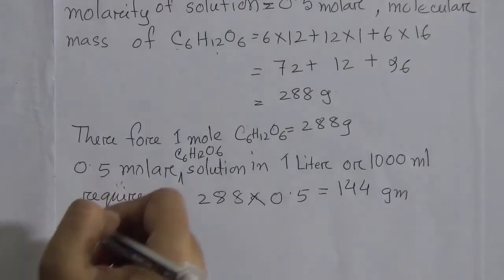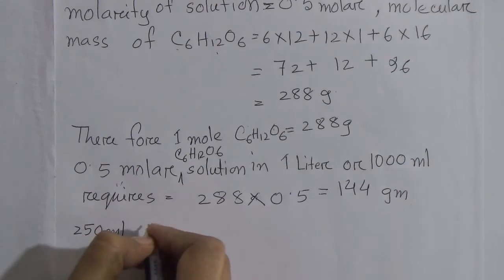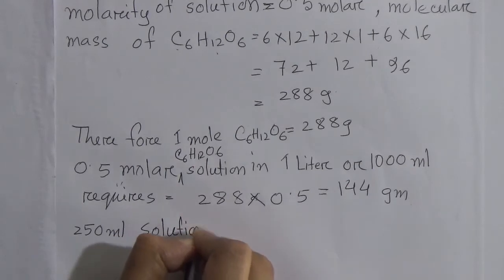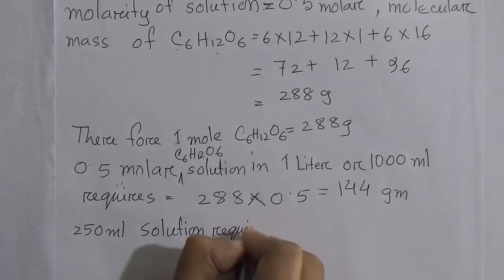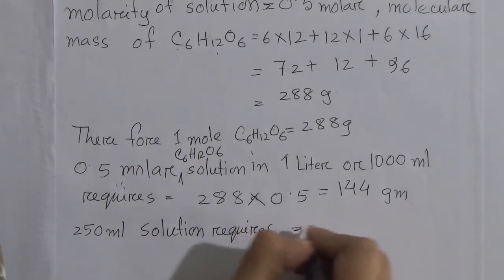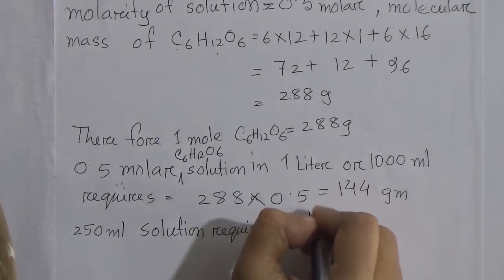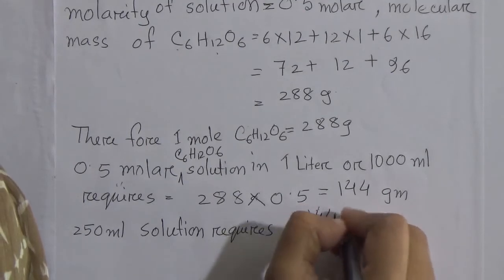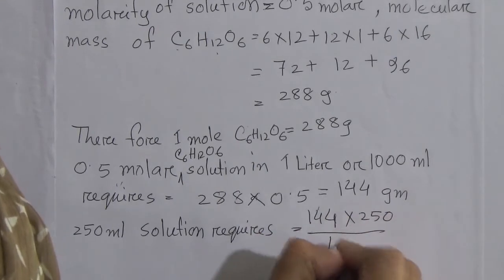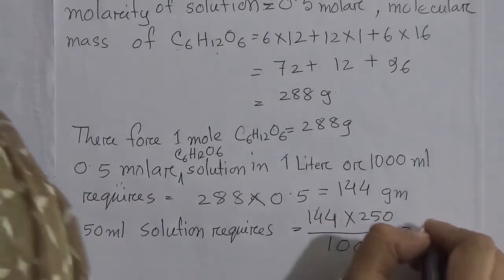And 250 ml solution requires 144 multiplied by 250 divided by 1000, is equal to 36 gram.